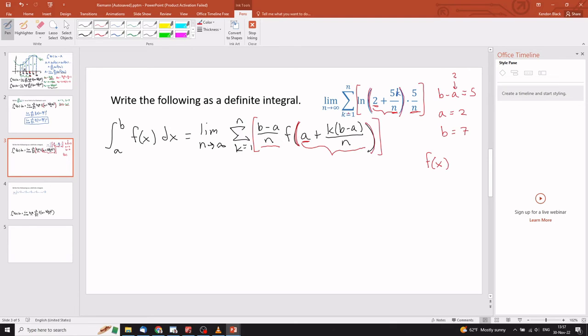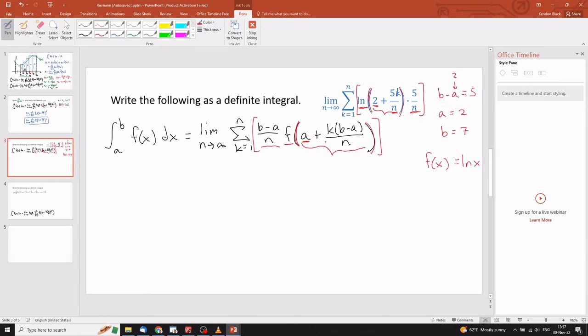Okay, so what's the difference here? In the formula, I see an f of some function, and in the given Riemann sum, I see an ln. So it makes sense for f of x to just be ln x.